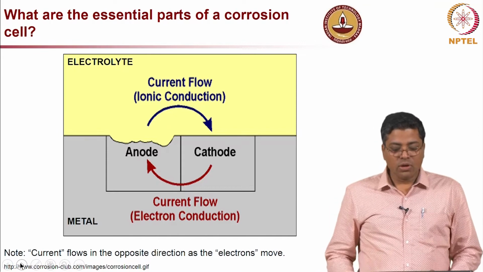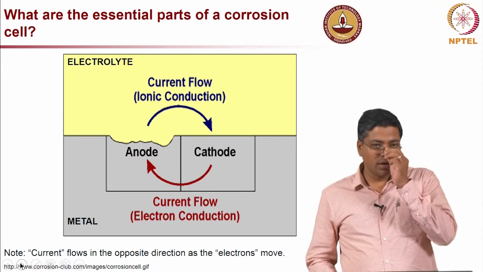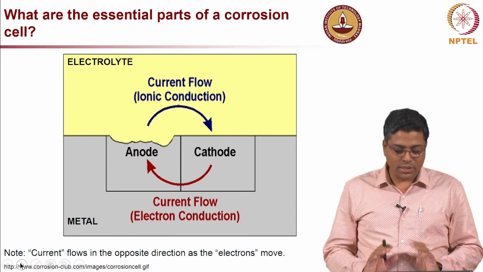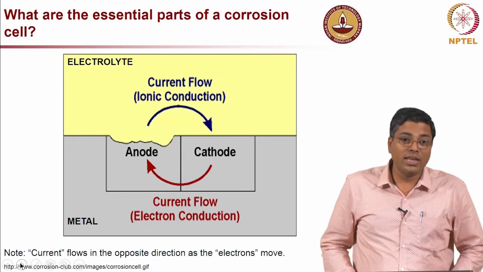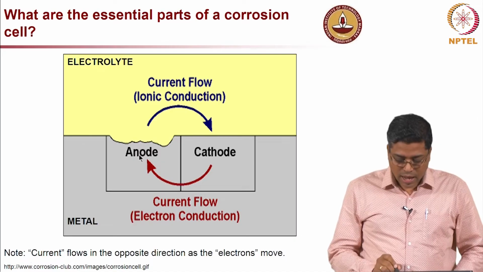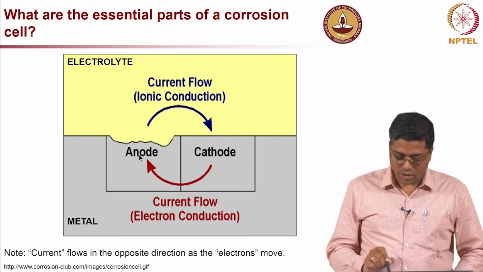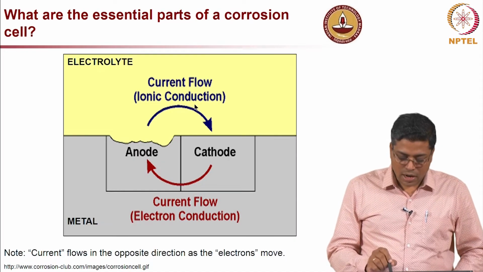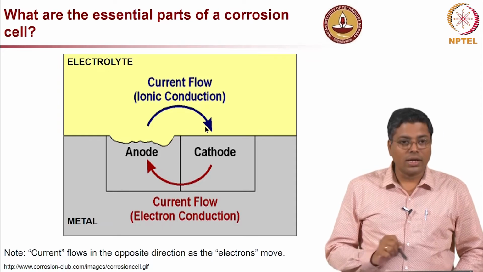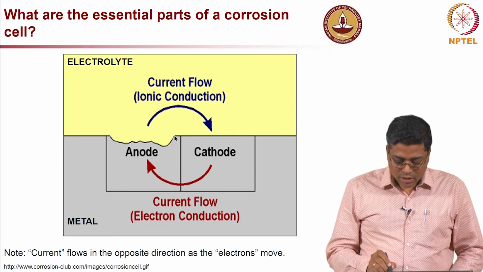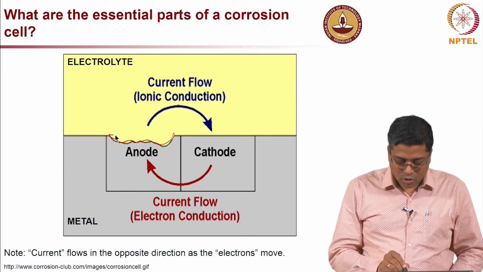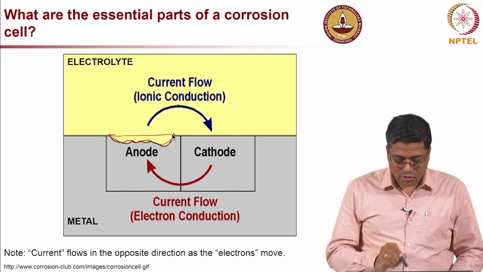Now, when you look at corrosion as a mechanism, there are 4 components or essential parts of any corrosion cell. You should have an anode, you have to have a cathode, and you have to have an ionic conductor and an electronic conductor. So, here you can see the region which is corroding from the metal surface, this was the original metal surface.